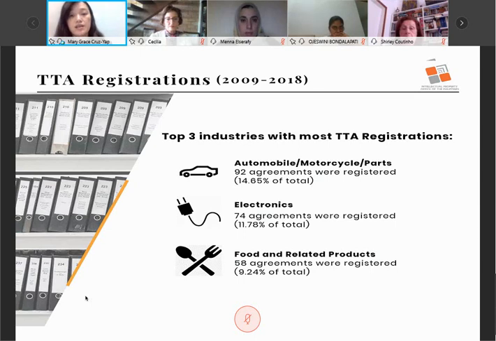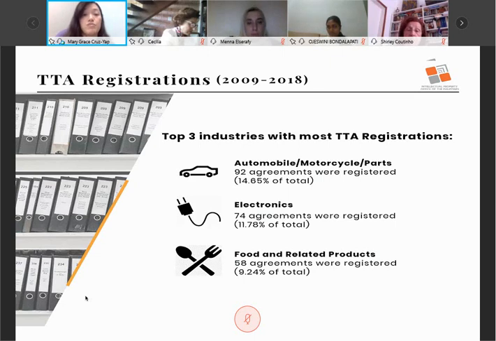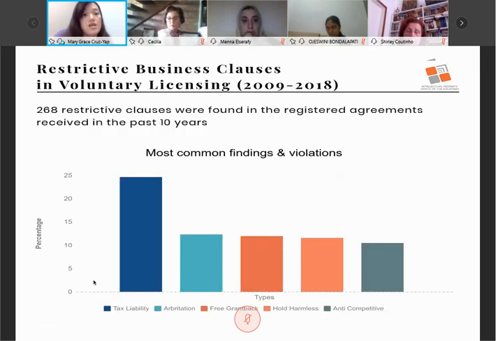Okay, the top three industries with the most TTA registrations based on our files are automobile and motorcycle parts, electronics, and food and related products. But if your clients are not within these industries, you are very much welcome to come to us for registration of your tech transfer arrangements.